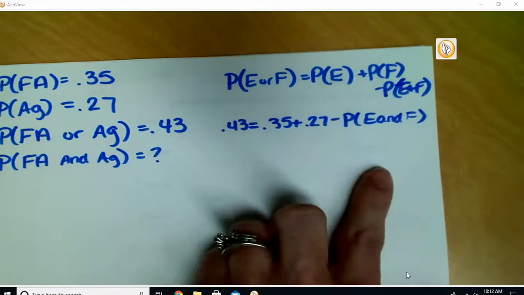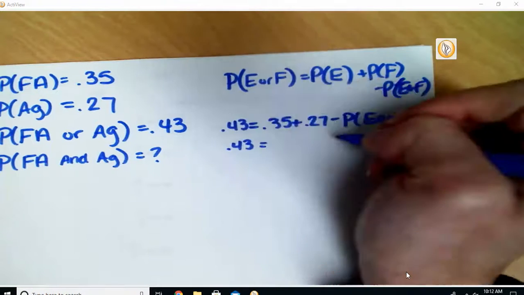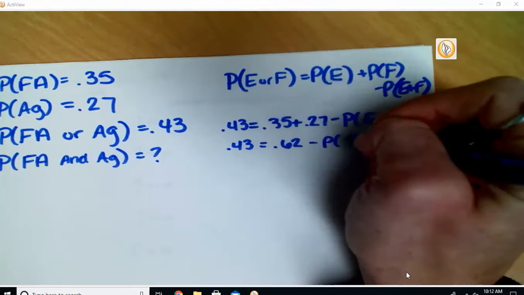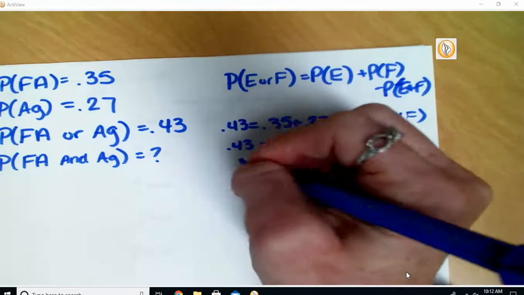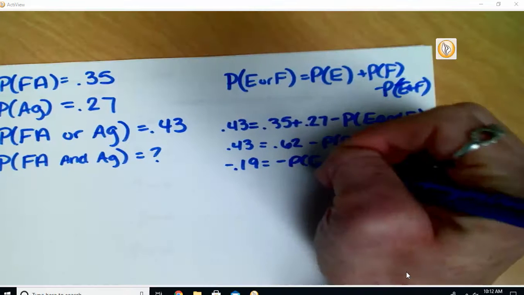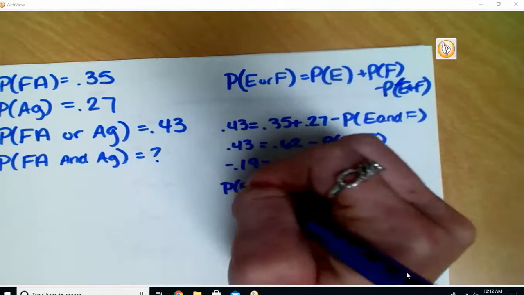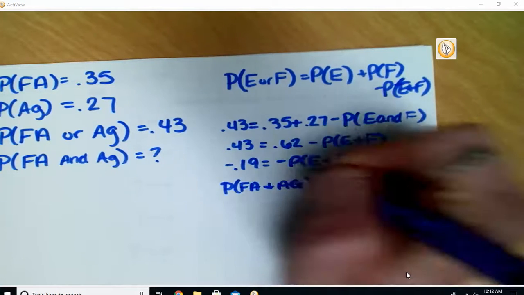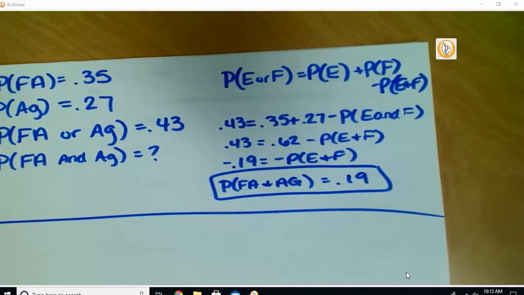So now we're just solving an equation. So I have 0.43 equals 0.62 minus the probability of E and F. So if I subtract over my 0.62, I get negative 0.19 equals the negative probability of E and F. Divide, so the probability of fine arts and ag is 0.19. 19% chance that the student is enrolled in both.